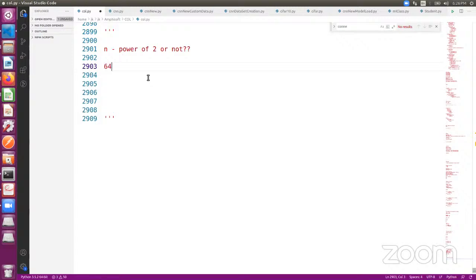Suppose you take 64. The next step it becomes 32. Next step becomes 16. Becomes 8. 4, then 1. Okay. So this is also an example for log n complexity, right?